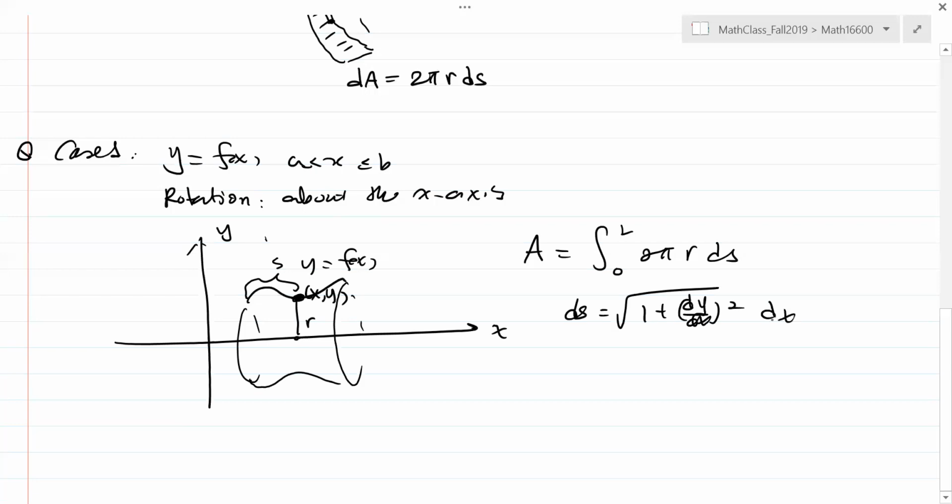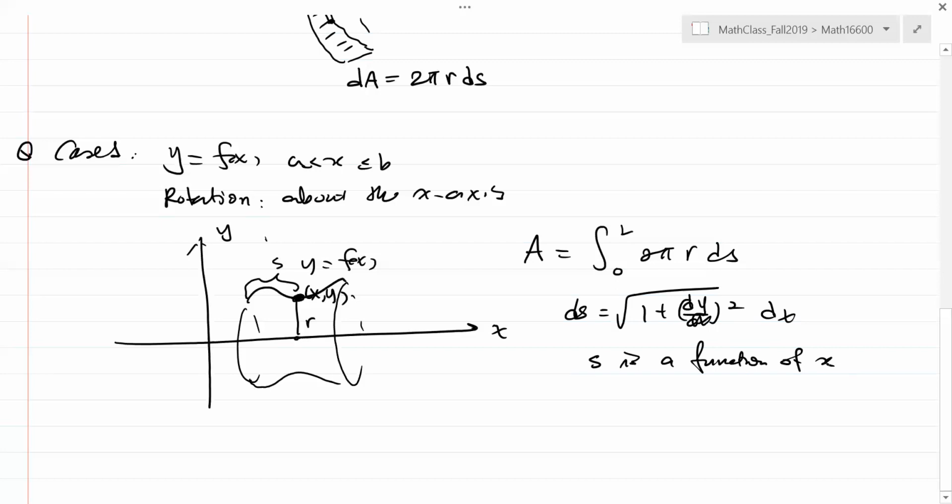That means you view s as a function of x, so you can talk about the derivative of s with respect to x.